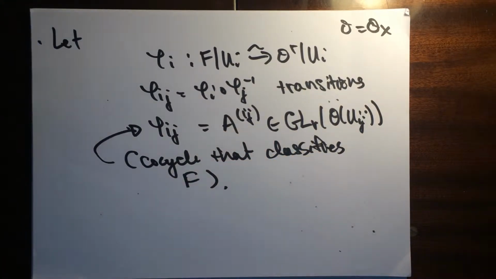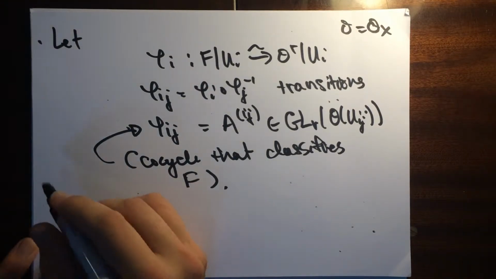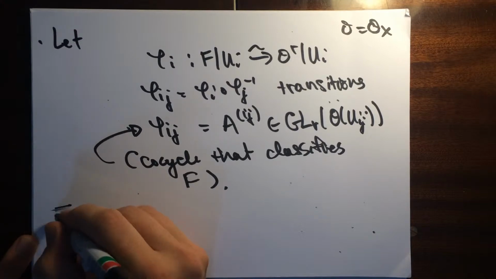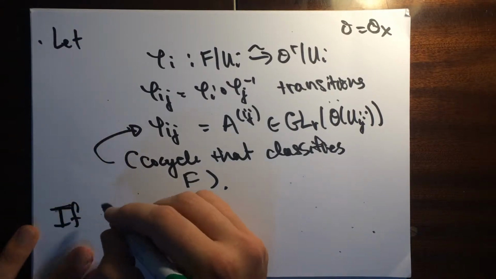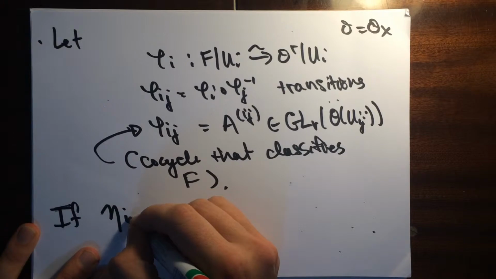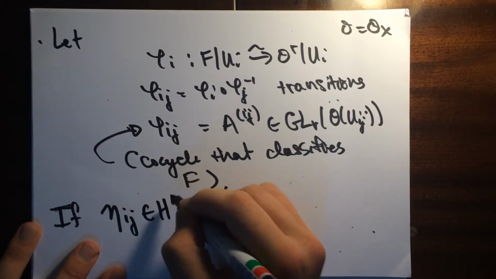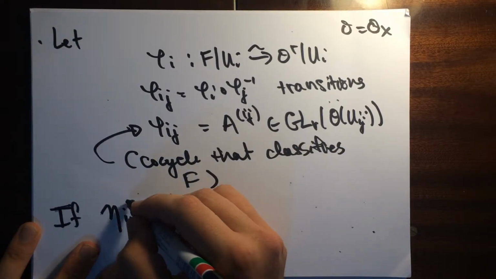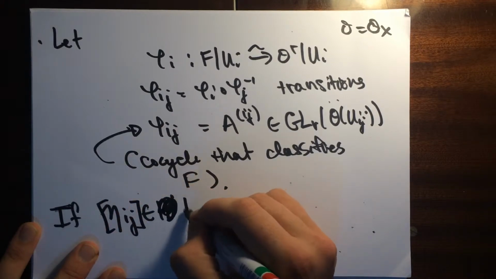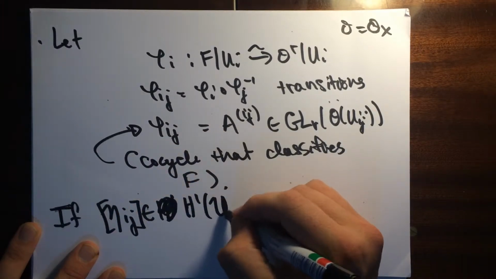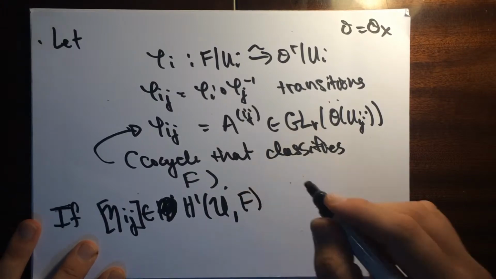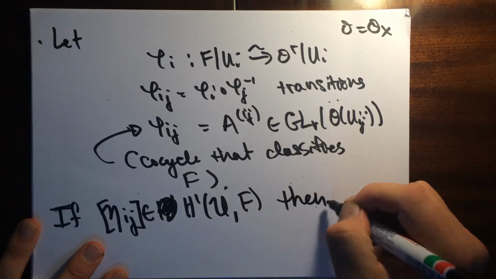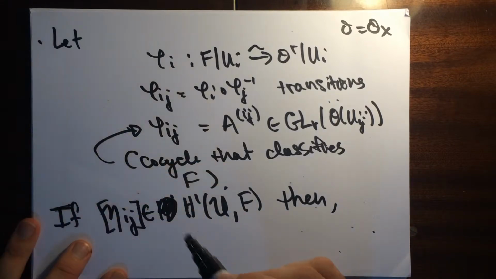Okay, so we have this construction here. And so what I want to say is that if the class of eta ij is in H1, with some cover U of F, then we'll get the following correspondence.